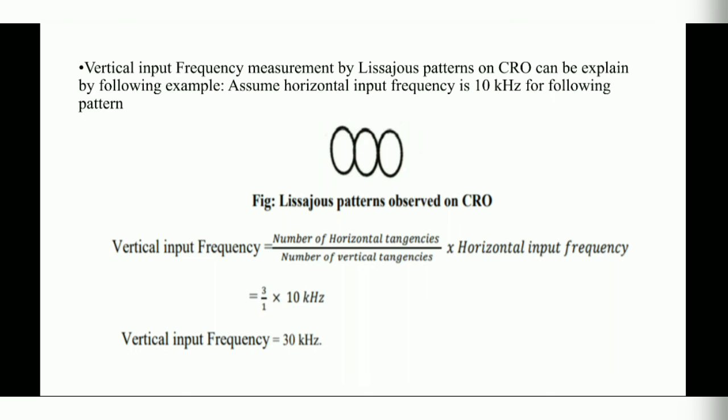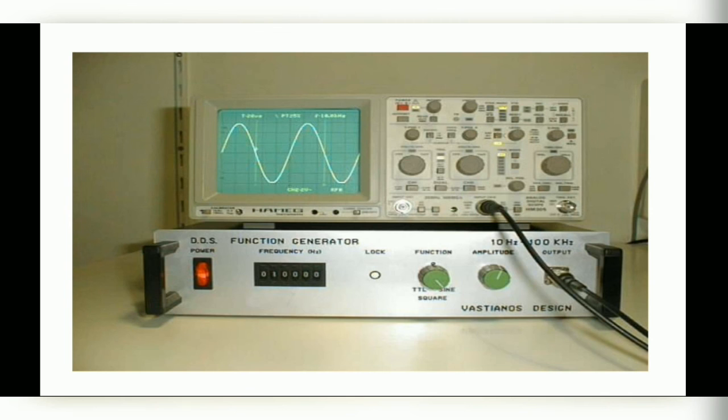So if the number of horizontal tangencies is 3 and the number of vertical tangencies is 1, we can write 3 upon 1 into 10 kilohertz. So vertical input frequency is equal to 30 kilohertz. So in this way you can measure frequency by observing Lissajous patterns on a CRO.